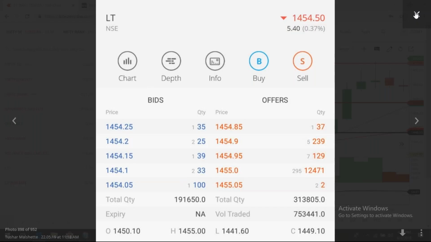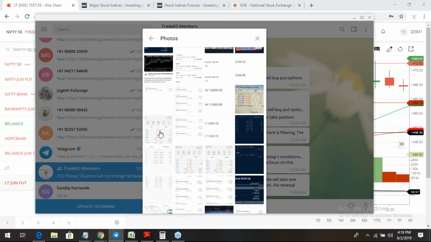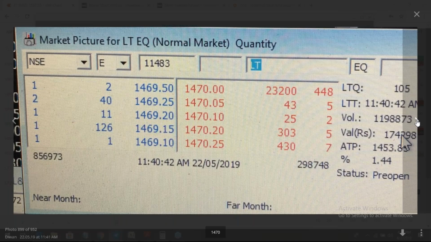I have one more example. Our members post on our group as well, a lot of the time. See, 1454, then 1470 again on L&T, the same day. People made a good amount of money.